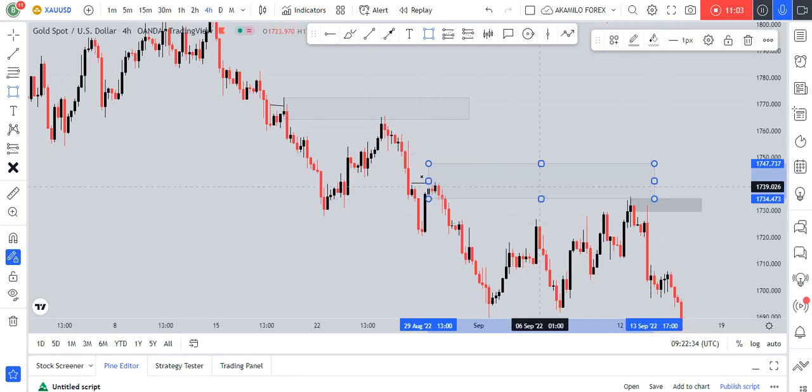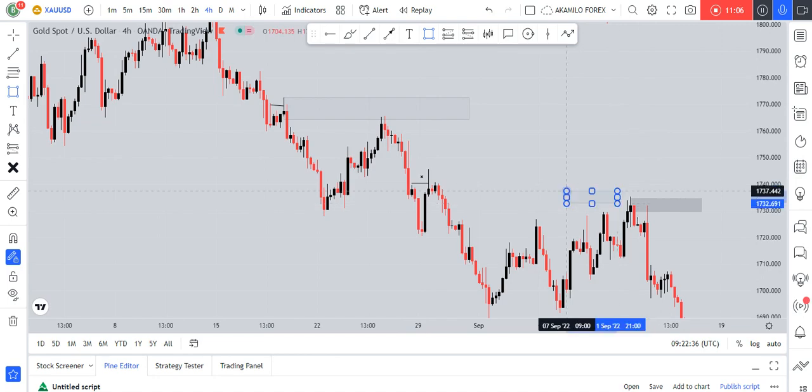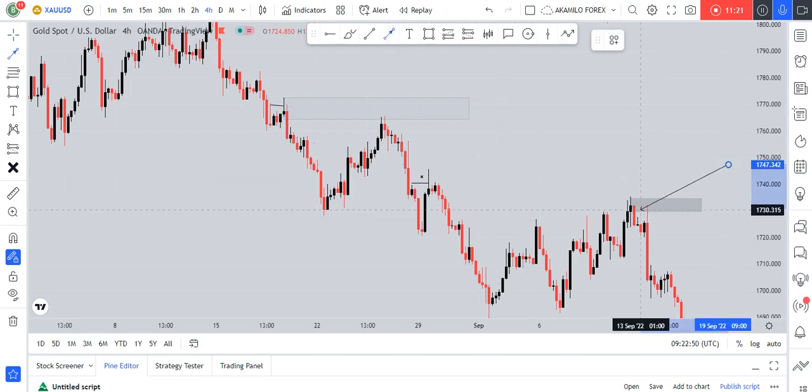The next example here is this. You can see we have this candle being our last bullish candle before this downward move, and this candle has also grabbed or swept the high of the previous candle and also closed beneath it.